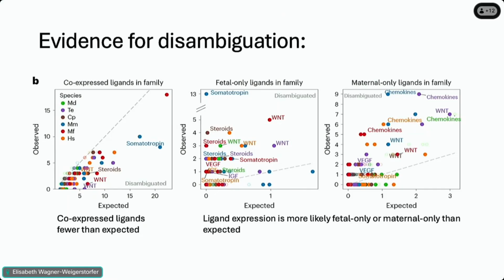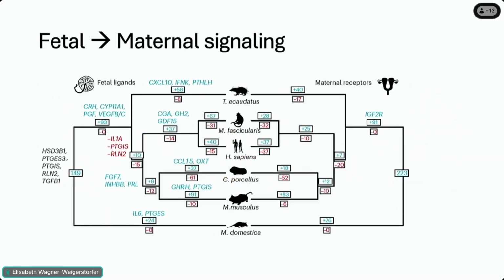You see you have systematically fewer ligands that are expressed by mother and the fetus than expected by a statistical comparison, or the same observation the other way around. Fetal-only ligands are more frequent than expected by chance, and maternal-only ligands as well, overwhelmingly within one group of a family of ligands.